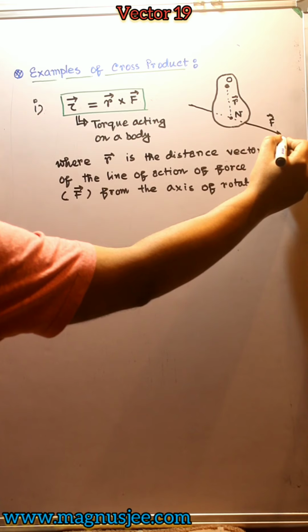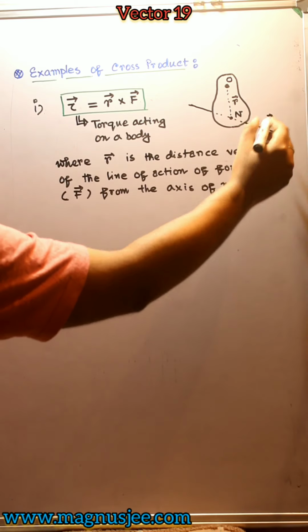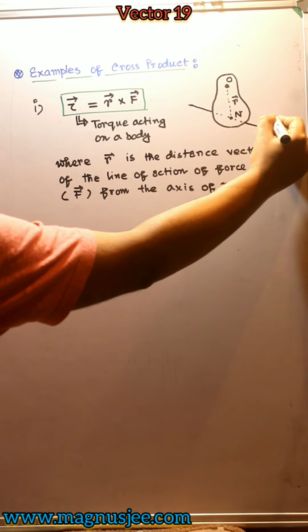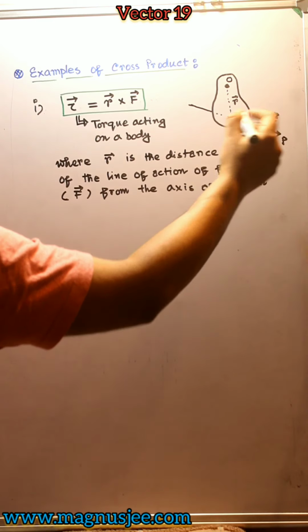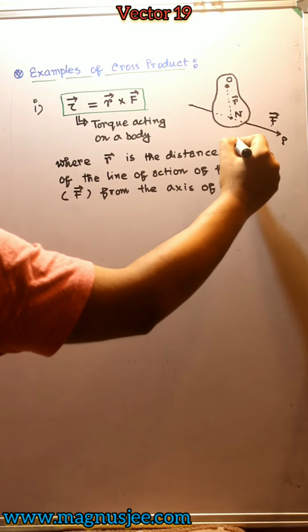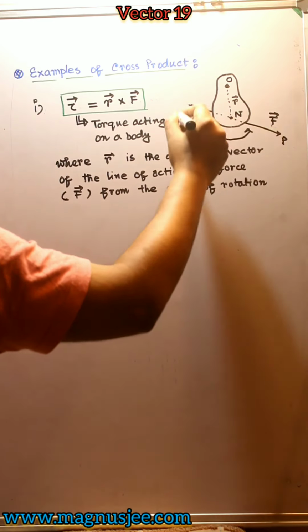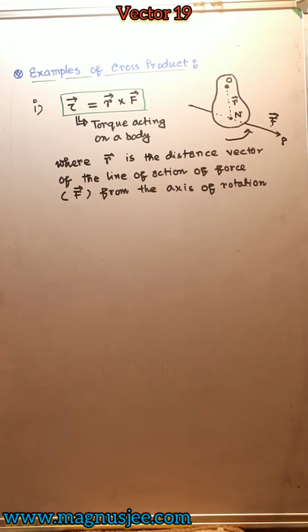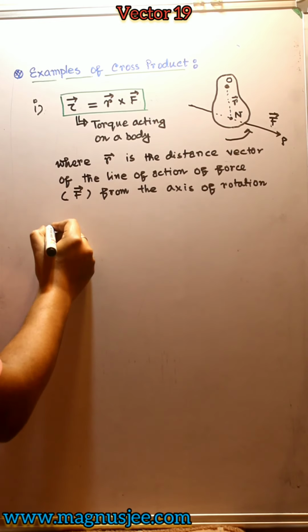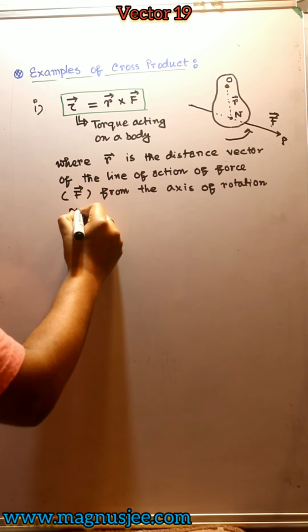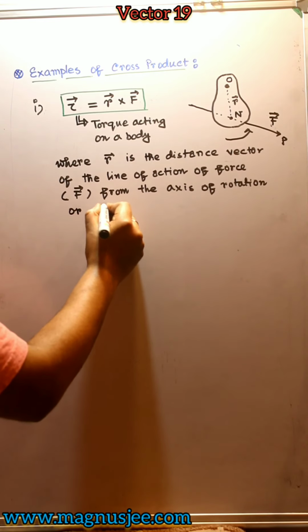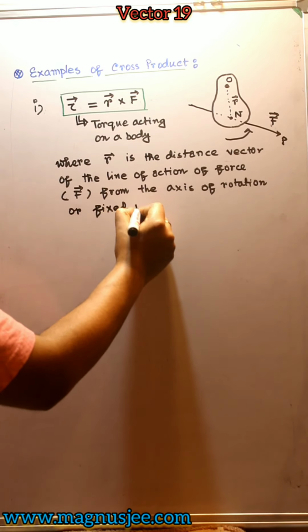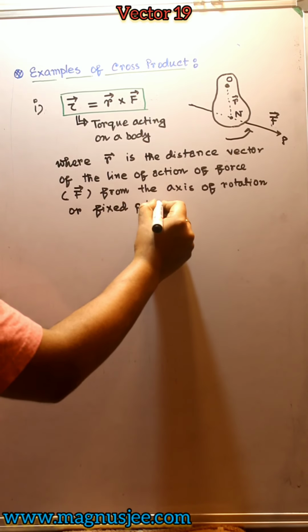Distance of N from O is vector r. And along the direction NP, vector F or force vector is acted on the body. The body will rotate about the axis of rotation or about the fixed point O in anticlockwise direction.